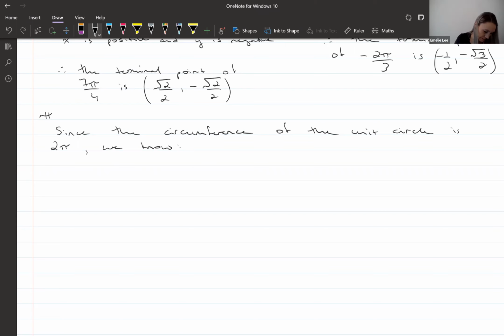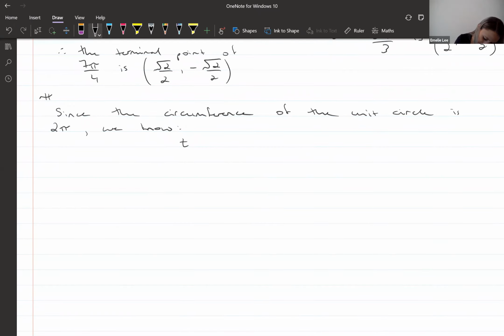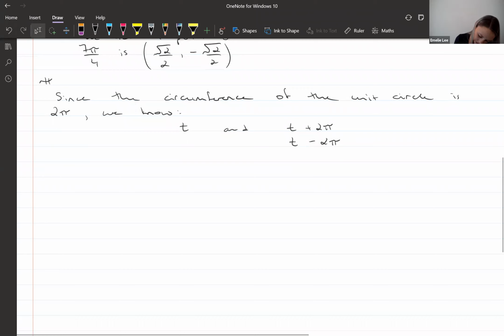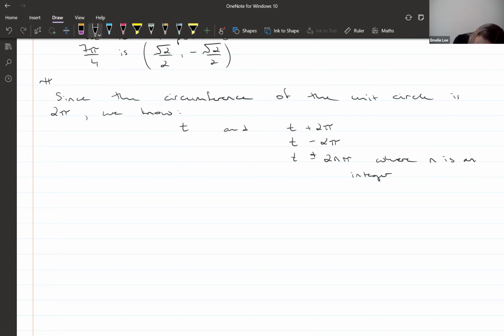we know that t and t plus 2 pi, t minus 2 pi, right? Or just in general, t plus or minus 2n pi, where lowercase n is an integer, right?